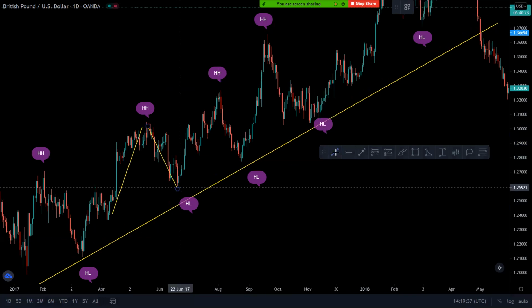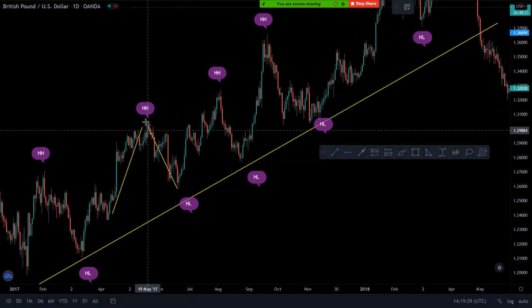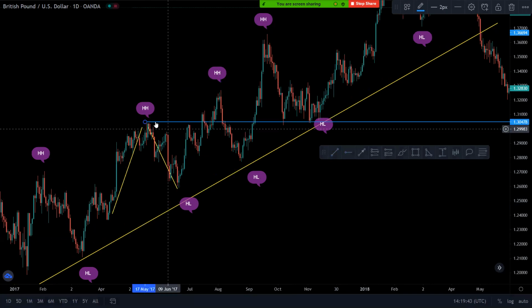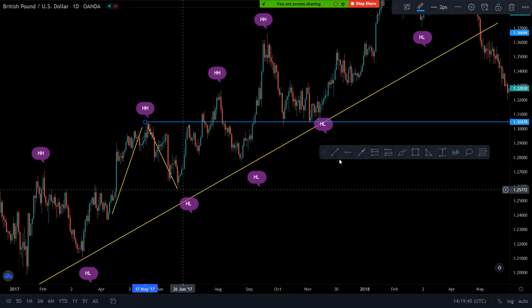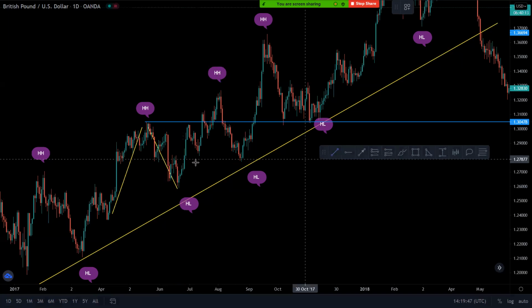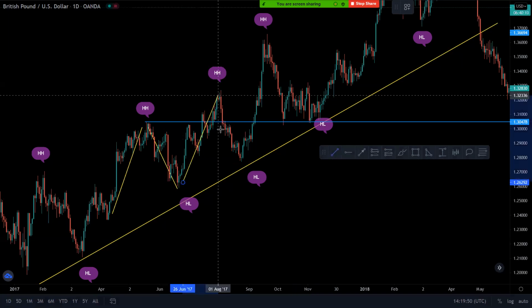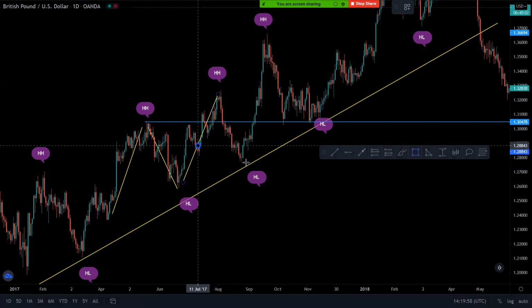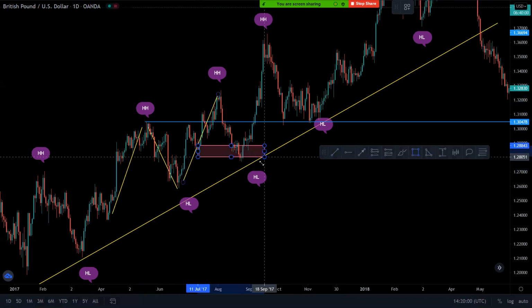Then let me indicate the highest point of this high that I indicated there. Then we have the break of the high. The moment that this high has been broken, I then place my order blocks, my bearish order blocks. So I have one here, I have another here.